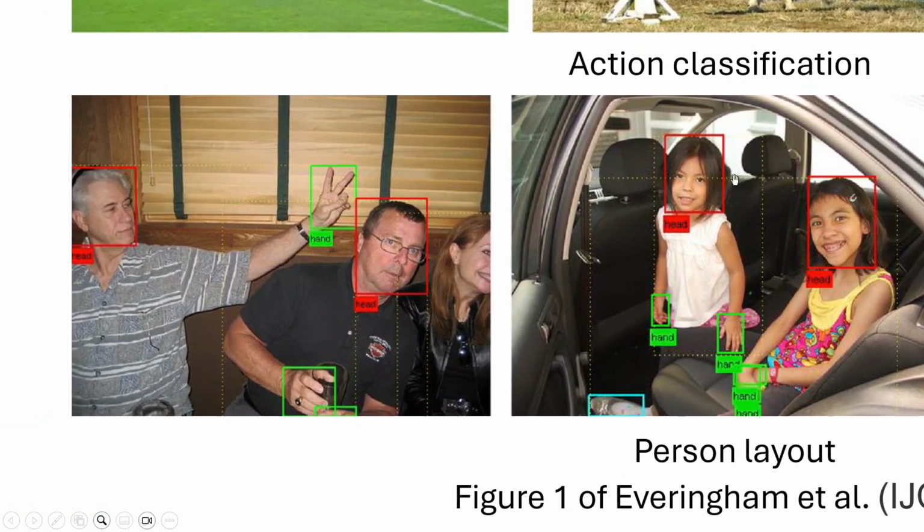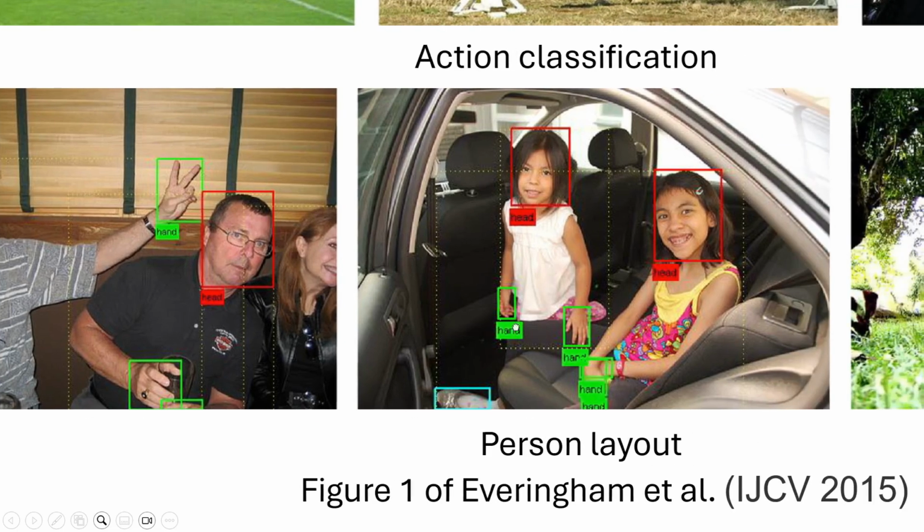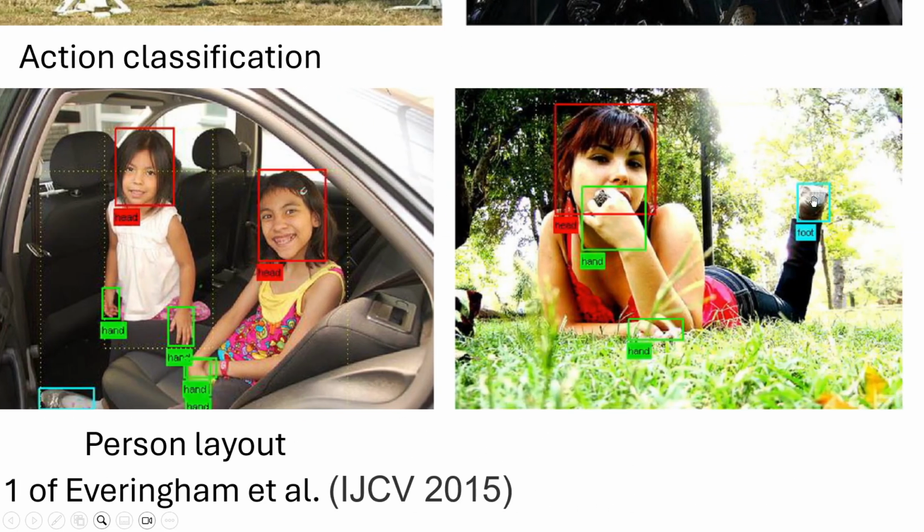It means given an image, if there are some persons in the image, then they want to localize the human parts: face, hand, and okay, there are some foot. Right. Okay.